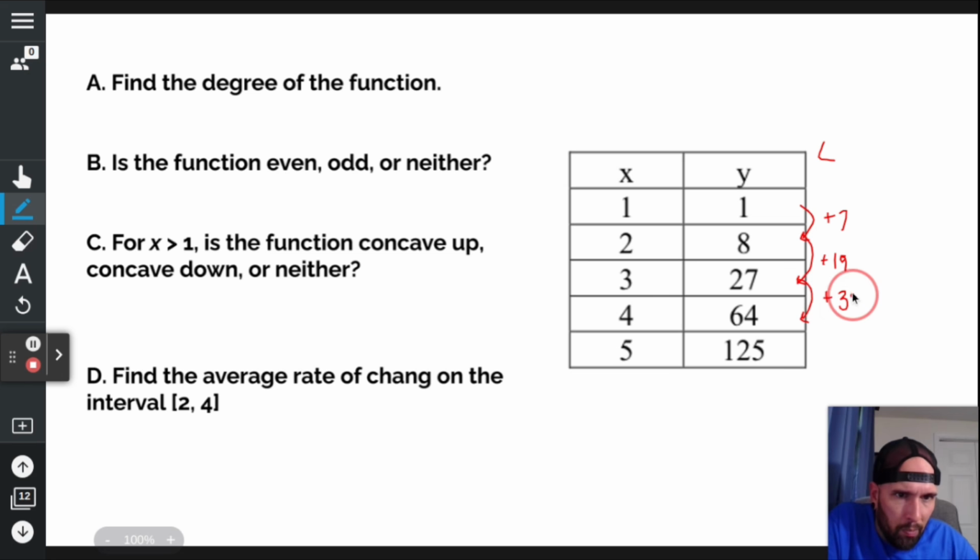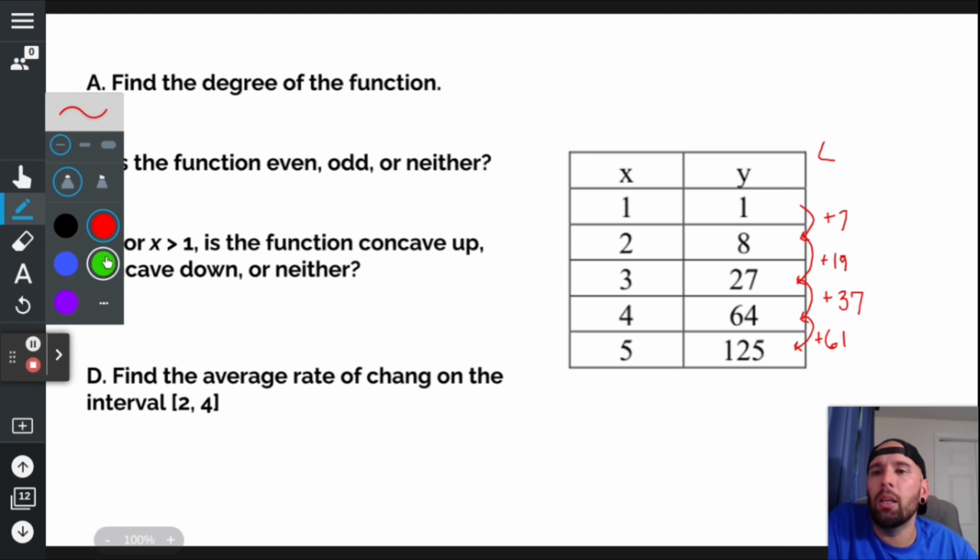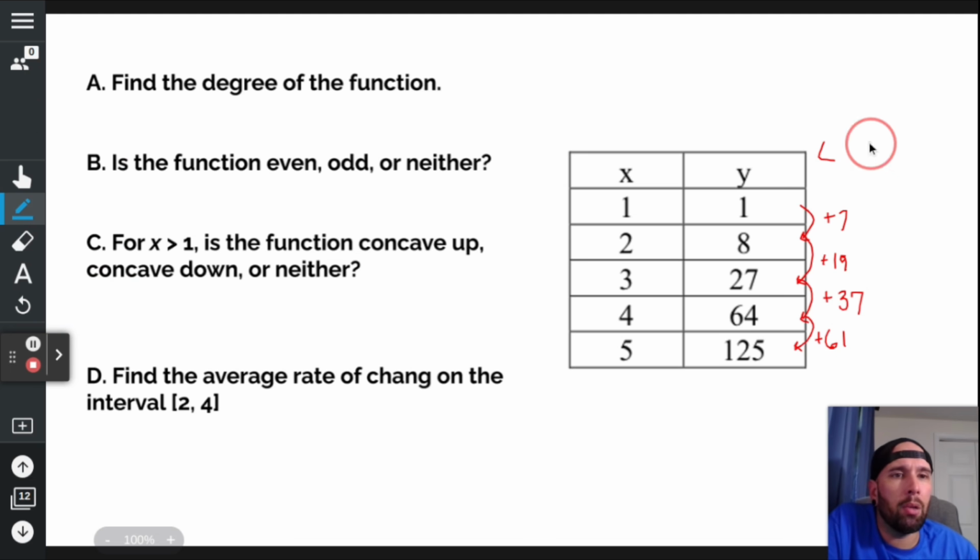Add 61. Checking my work, and I think I am okay. Probably should do these ahead of time. All right, what do I do? Add 12.